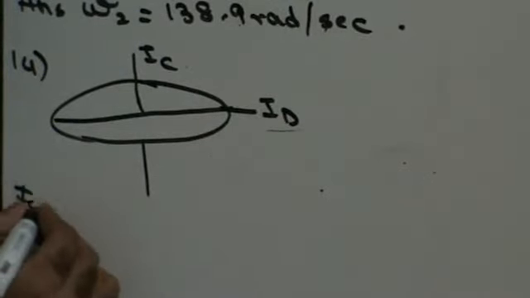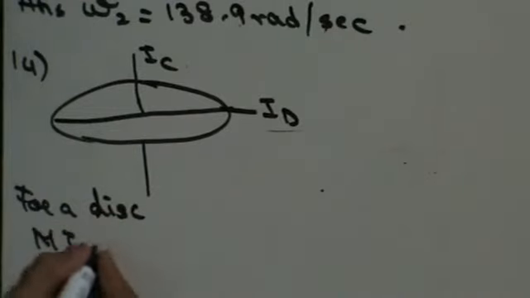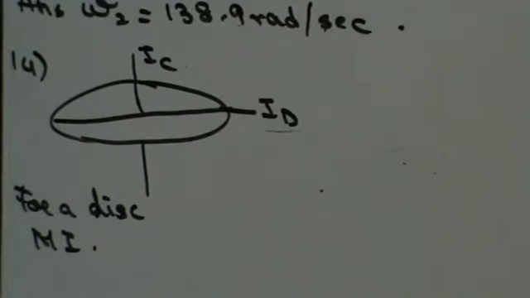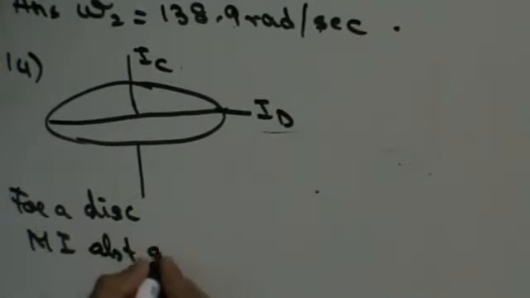Now I can say that for a disk, moment of inertia about an axis perpendicular to the plane is IC, which is nothing but mr square by 2.